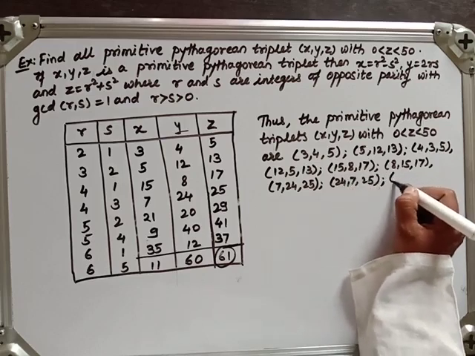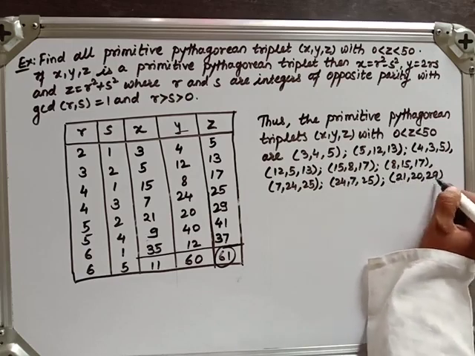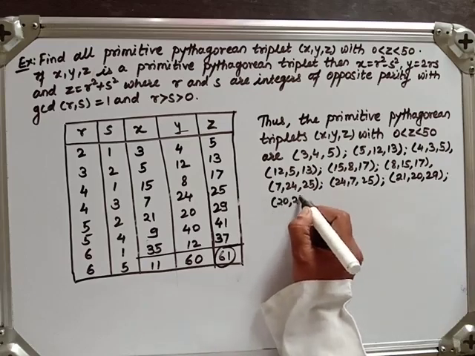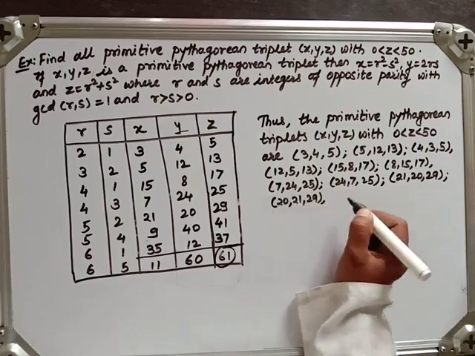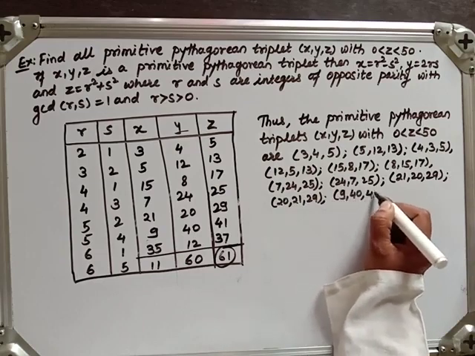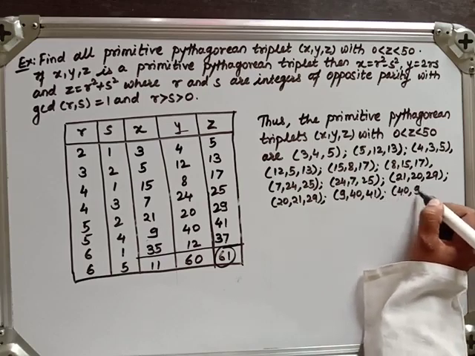Then 21, 20, 29. 20, 21, 29. 9, 40, 41. 40, 9, 41.